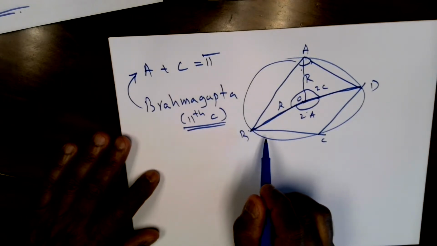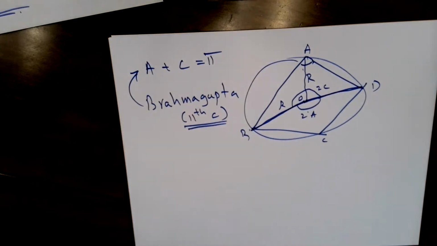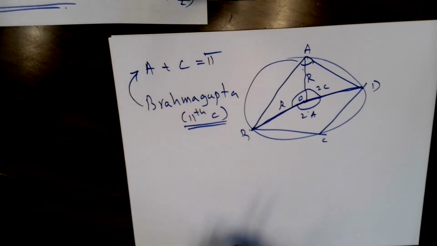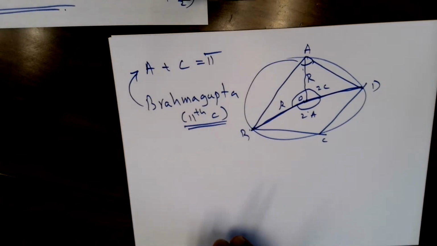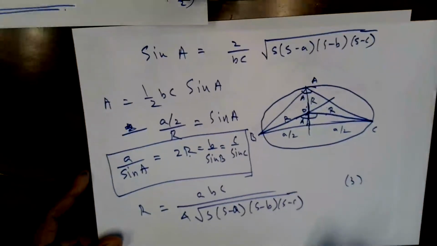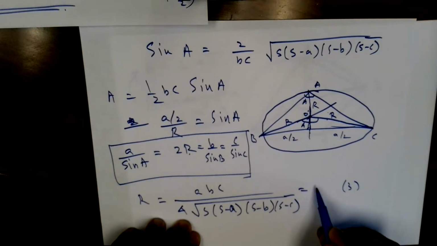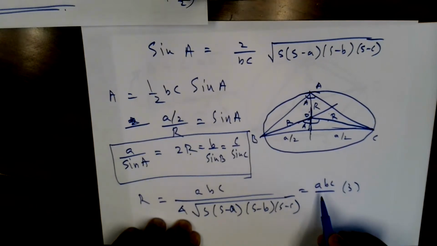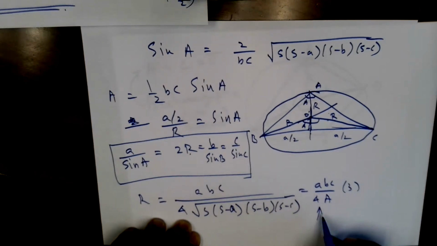And the question now is, what is the radius of that? How do you find the radius? So if you recall, in the triangle, we had a formula that we can use. So this is Ptolemy's time or whatever, Greek's time.